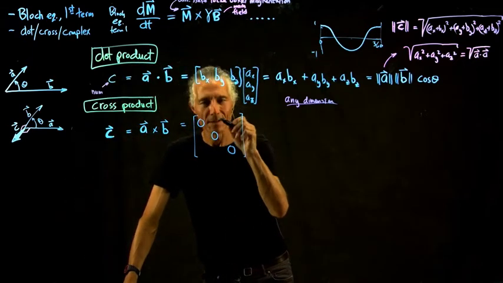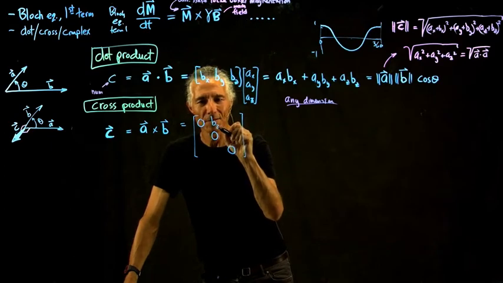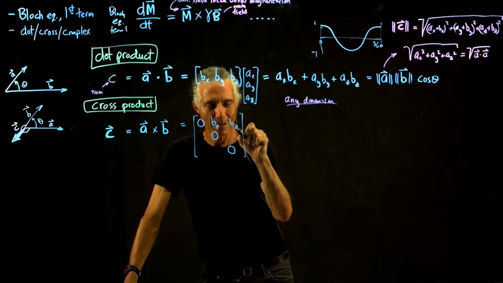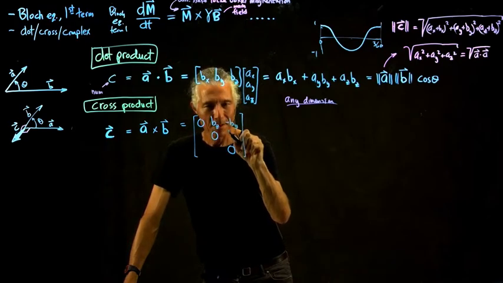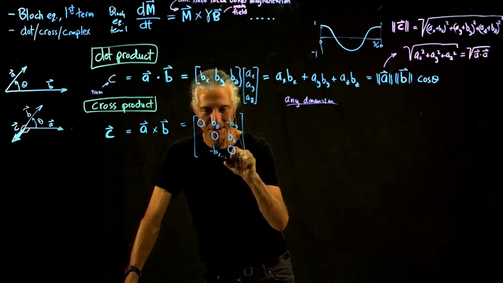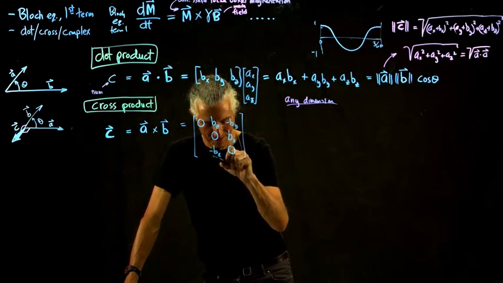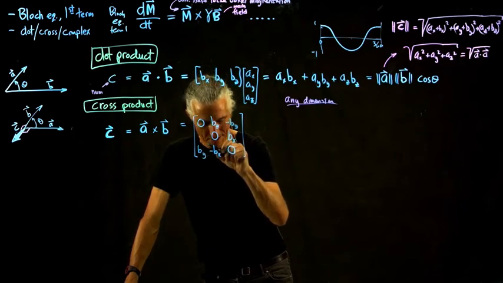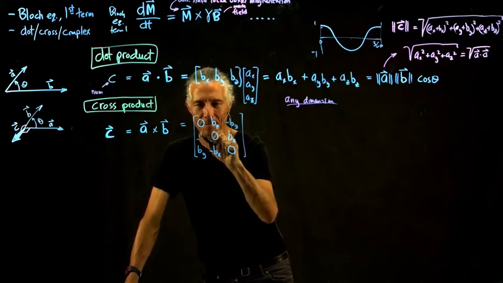I can never remember it, so I still have to look at my notes. Minus BZ, BX, minus BX. There's a pattern to it. BY and then another minus BZ.